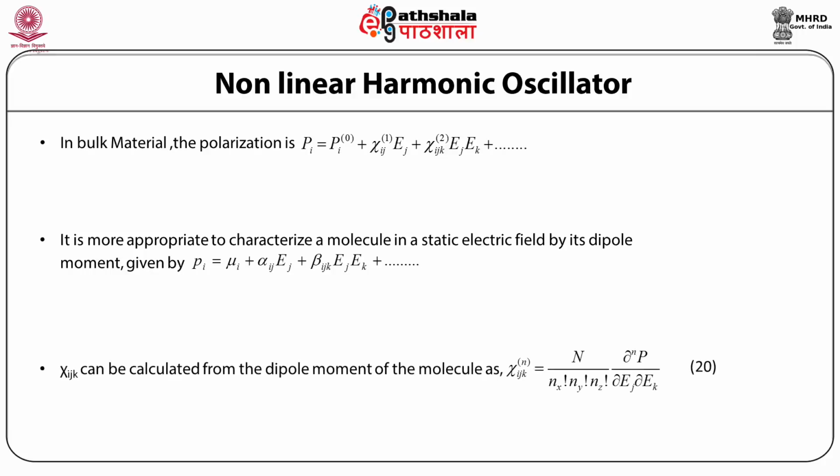Here chi ijk can be calculated from the dipole moment of the molecule and is given by chi ijk nth order is equal to n divided by nx factorial, ny factorial, nz factorial multiplied by del np divided by del Ej del Ek, where p is the dipole moment of the molecule and ni represents the number of fields polarized along the ith Cartesian direction.